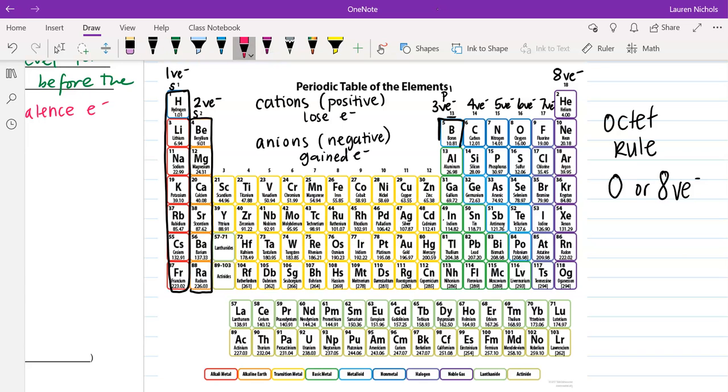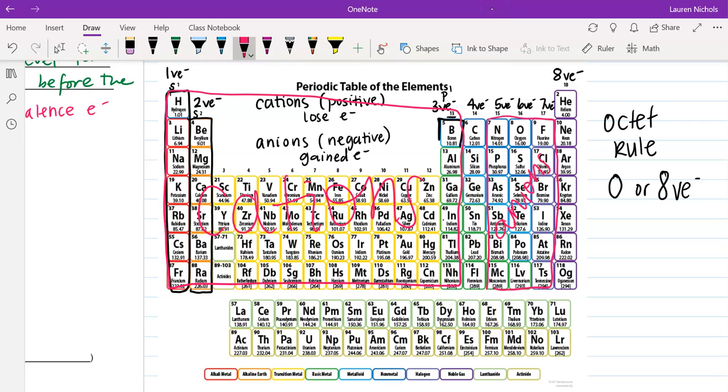So we can see that if I have one valence electron, I can either lose 1 to get to 0 or gain 7 to get all the way to 8. So they always lose. Essentially here, all the way to 3, all of these are going to be cations because they're all going to lose valence electrons in order to become positive. And then anything that's higher than 4, so 5, 6, and 7, these are going to be our anions.